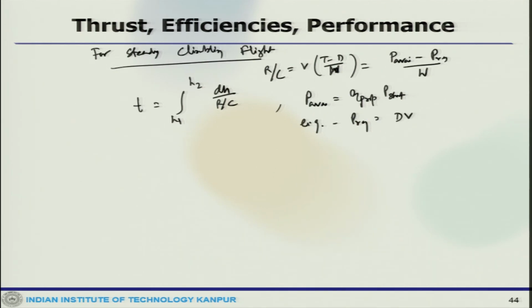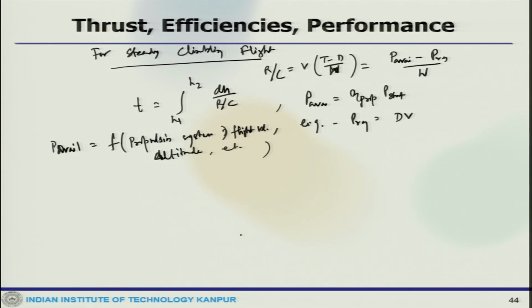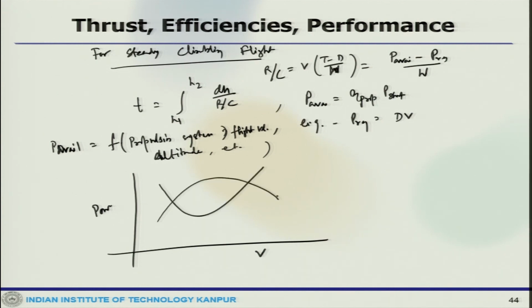So, the power available is a function of the propulsion system. It means P avail is a function of propulsion system, flight velocity, altitude, etc. Typically, it takes a form such that this is power, this is flight speed V. So, this goes like this, comes like this.